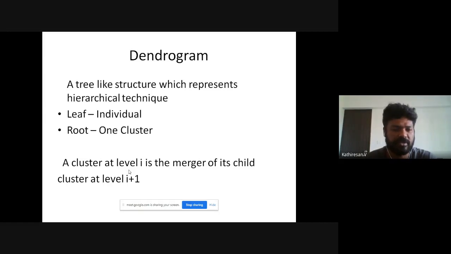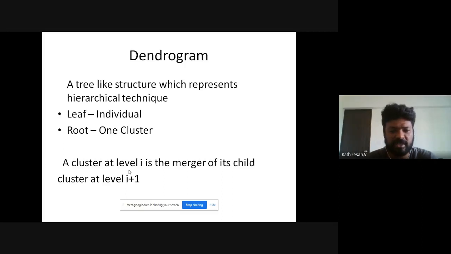The leaves are individual and the root is one cluster. In the leaves, every data object is considered as a cluster. In the root, everything is joined together and we get one cluster.